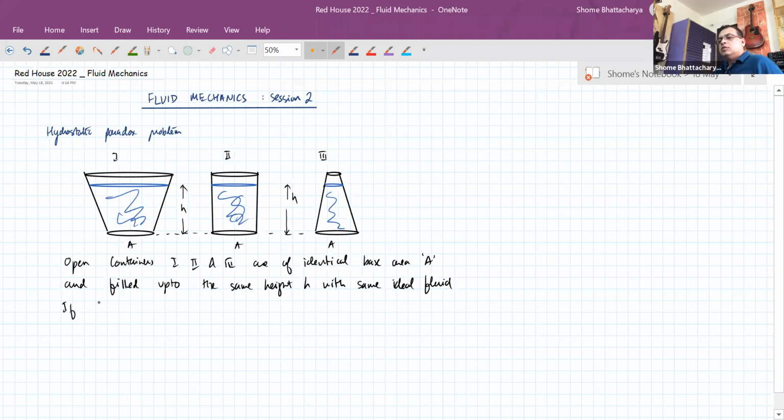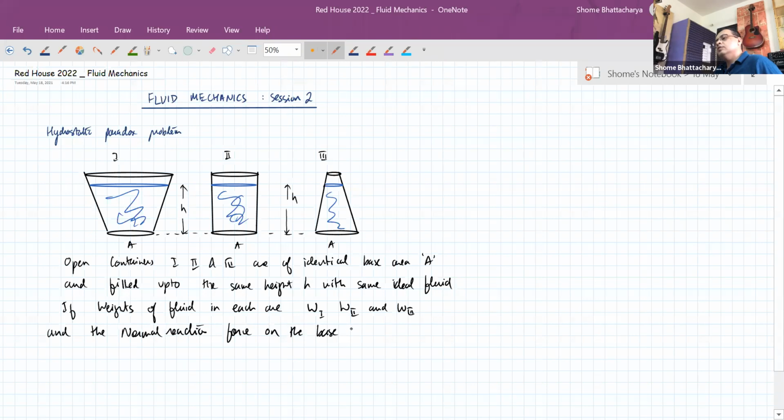So if the weights of the fluids are, say, W1, W2, and W3, and the normal reaction forces on the base of the container due to the fluid pressure are, let's say, N1, N2, and N3, then we have to suggest which of the following are correct options.